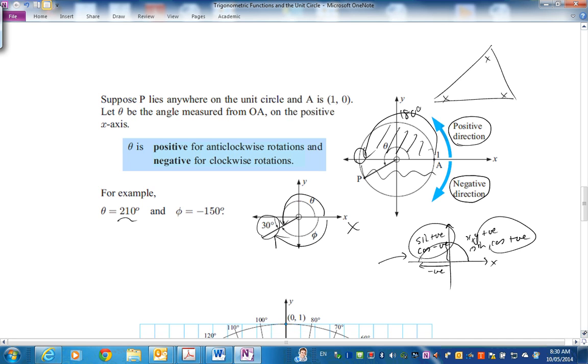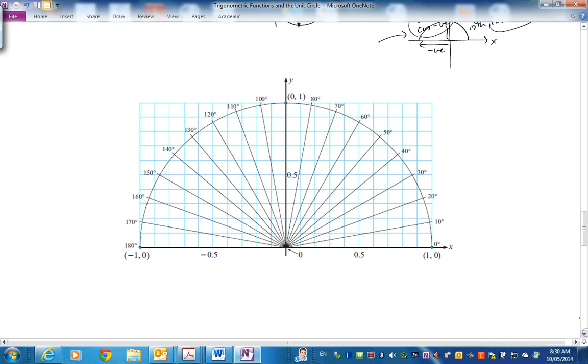So let's have a look now. Alright, so here's our protractor again, and obviously here you can get any size angles. Now we're going to use this diagram in a minute to estimate the sine, for example, of 10 degrees. What is that? That's the y coordinate. So we want to estimate that value there on this scale.